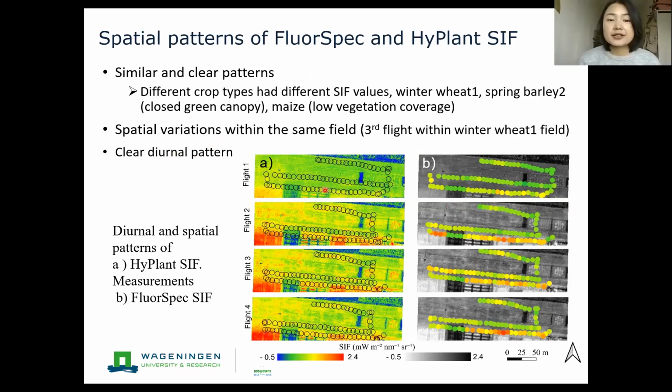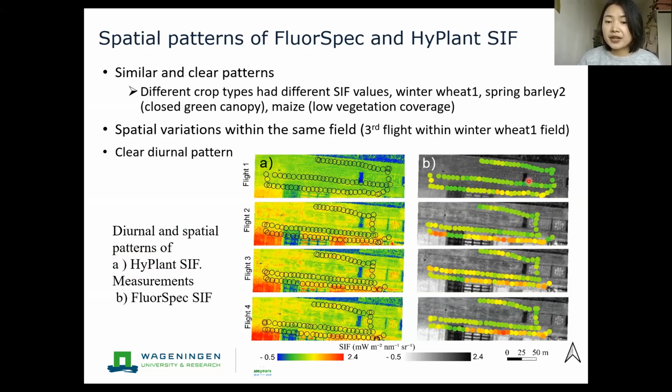So these two figures show the spatial patterns of FluorSpec and HyPlant SIF. The left one is the diurnal and spatial patterns of HyPlant SIF, and the black circles indicate the FluorSpec footprint positions.